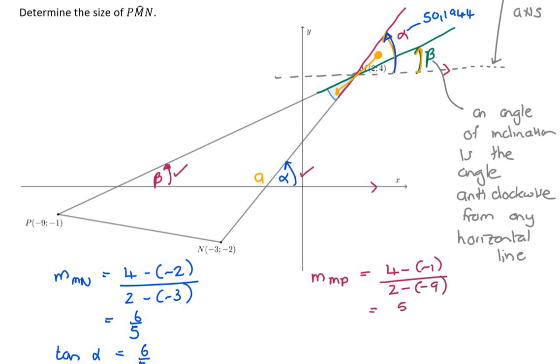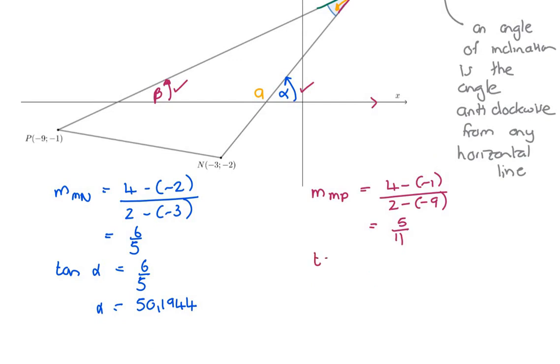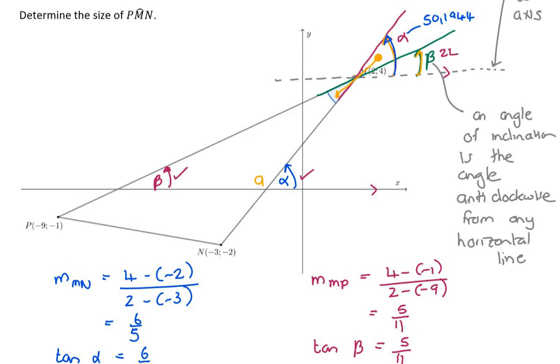So that's 5 over 11. So tan of beta is equal to 5 over 11. So shift tan of 5 over 11, and beta equals 24,4439. So this is 24.443.